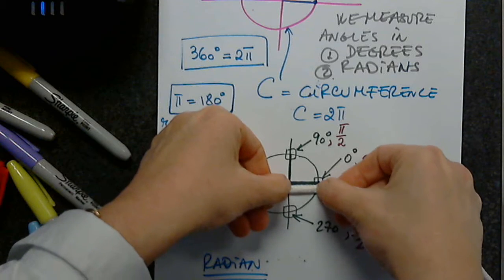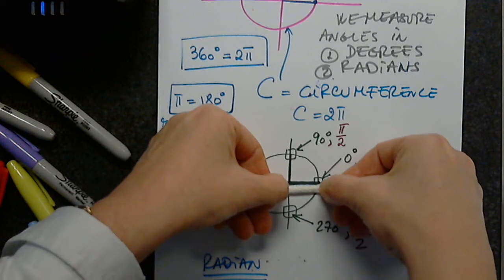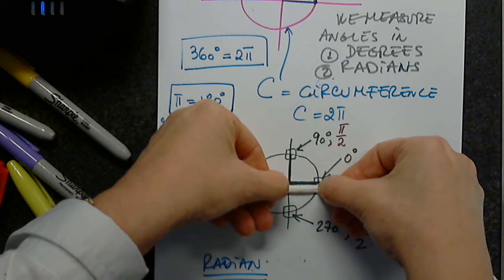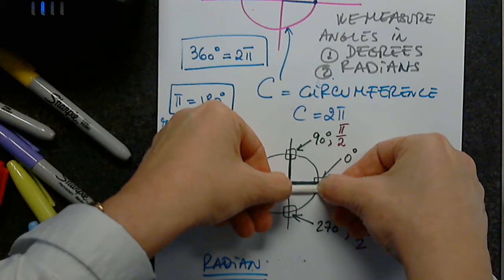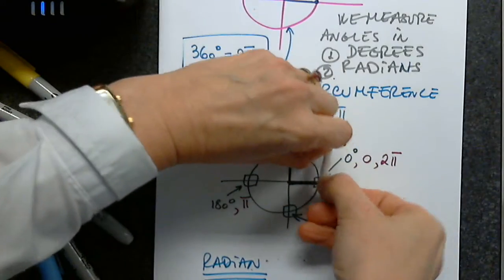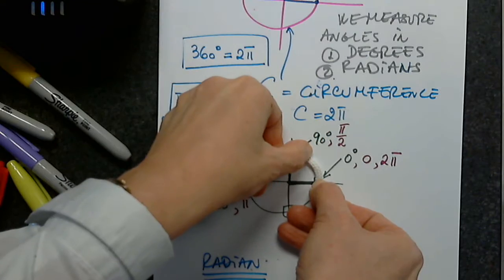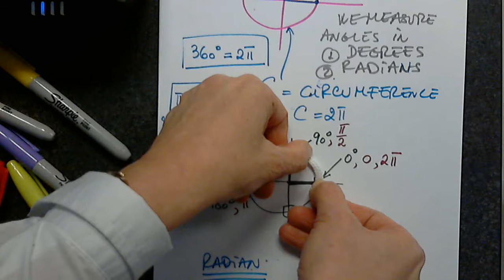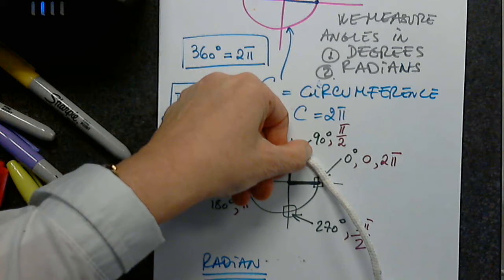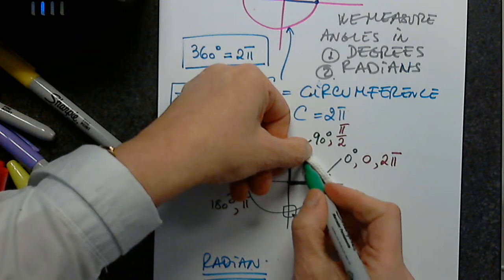Is this, and bear with me and say yes, I know it's not, is this the length of a radius? Yes. Is this the length of the radius? Yes. No, please don't say no.